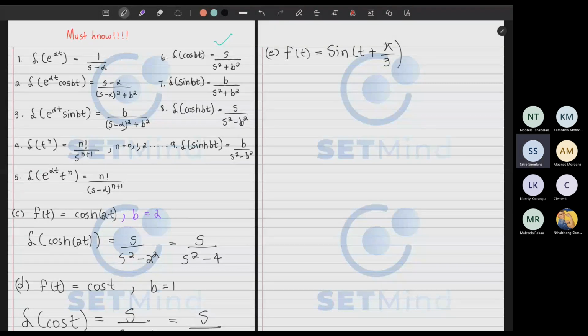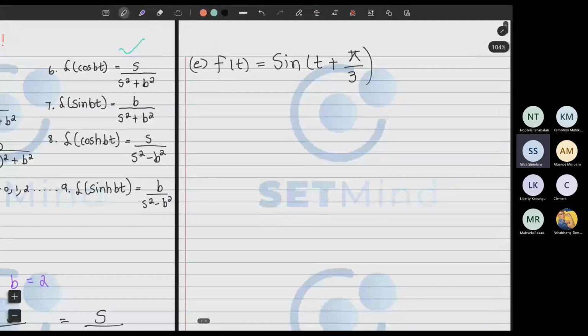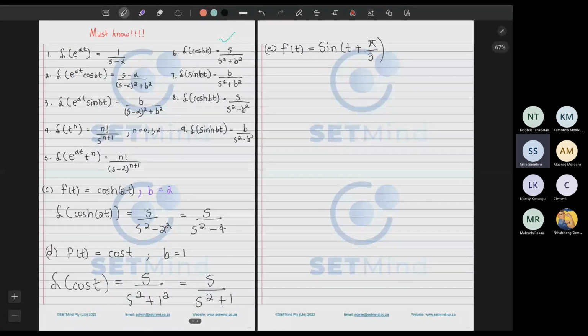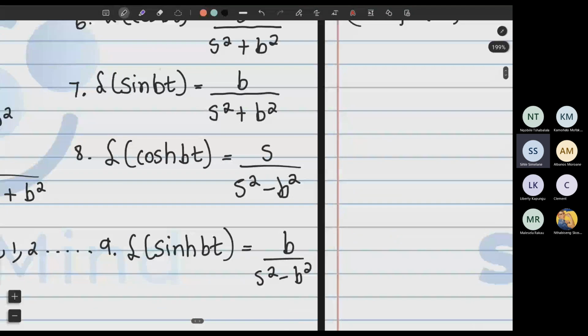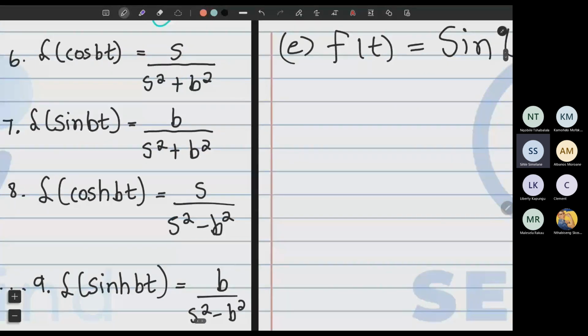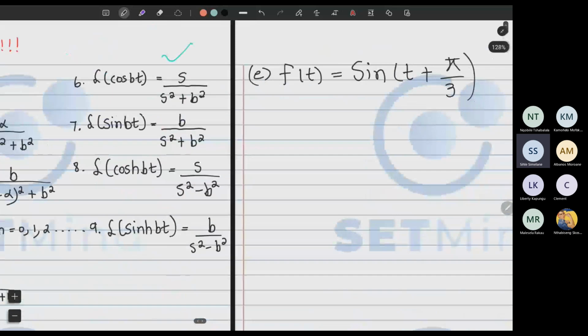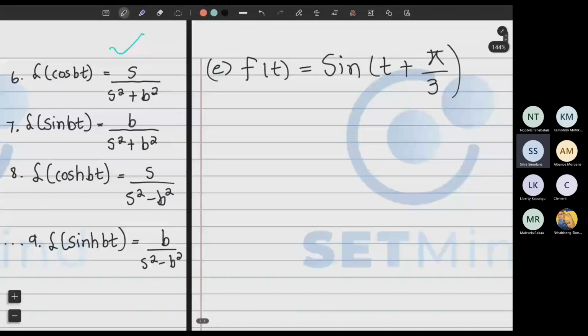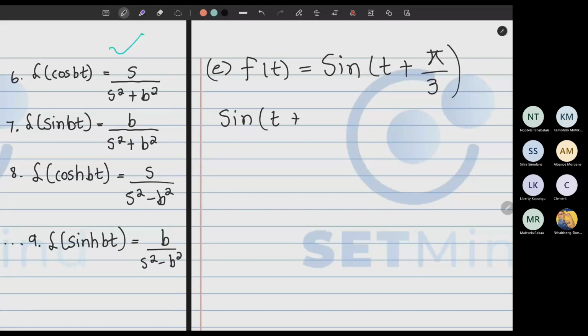One of the easy ways you can work this out is because we don't have this in our table. We only know the Laplace transform of sine bt. We don't know when it's plus something. So let's look at that sine and break it down.